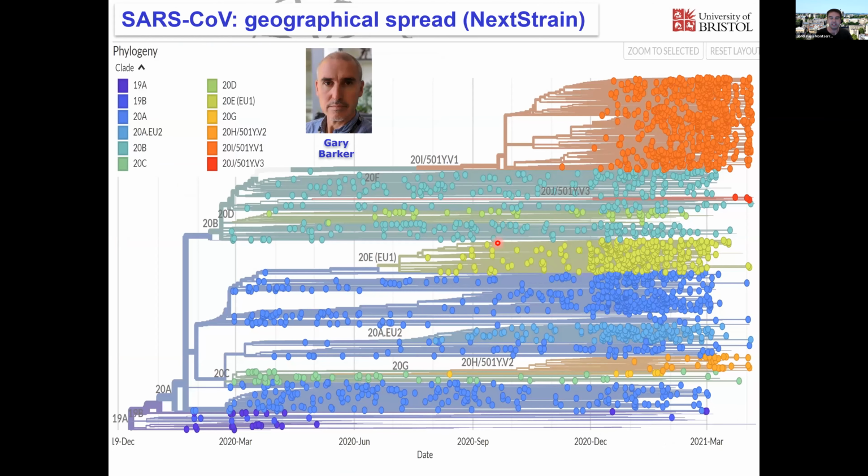Another researcher in our school, Gary Barker, for example, also used these kinds of tools to study the coronavirus. Phylogenies are essential to understand viral diversity and evolution. And for example, they are very important to trace how the different variants have emerged and how the virus has dispersed over the world.